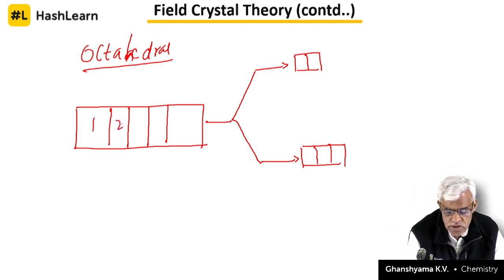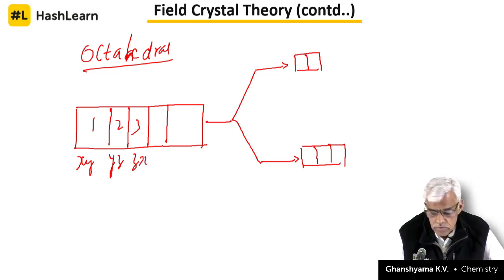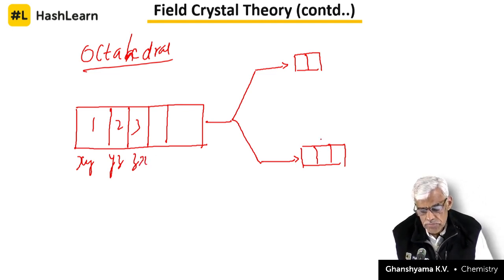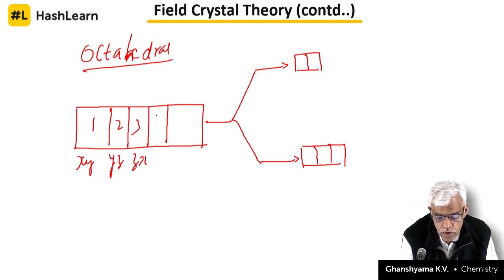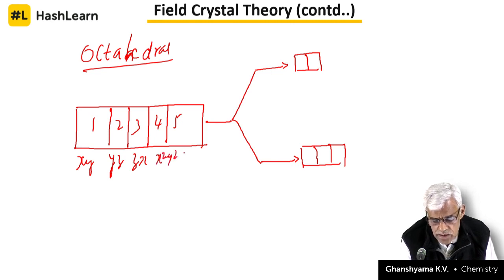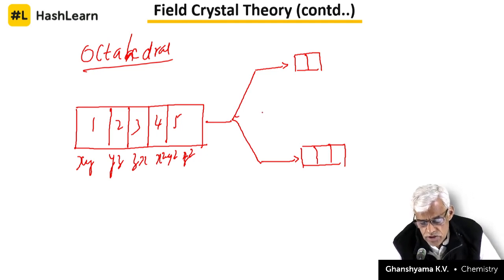The first, second and third, dxy, dyz and dzx are of lower energy, while 4 and 5, that is dx square minus y square and dz square, will be of higher energy. This is the average energy.